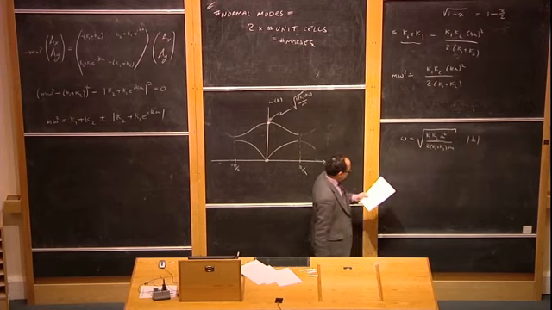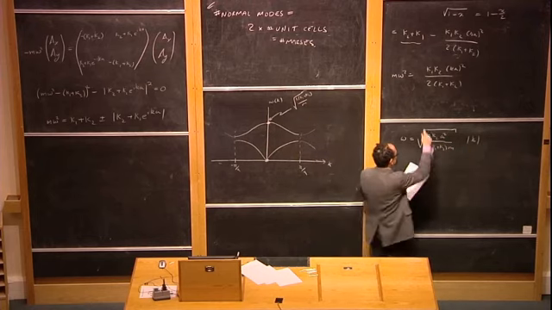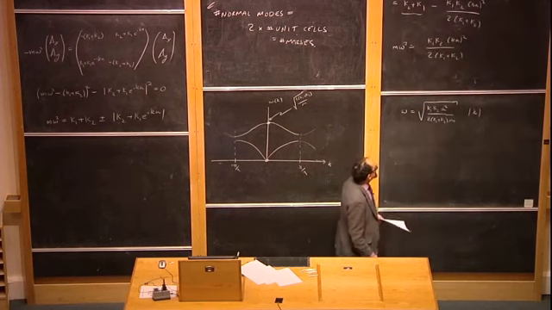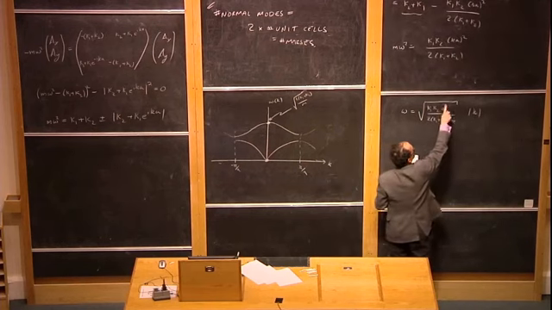Whew. I realize that's a lot of math. We're not going to do too much math that heavy this year, but I have to do it once in a while.